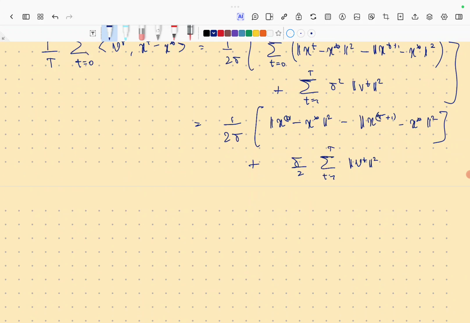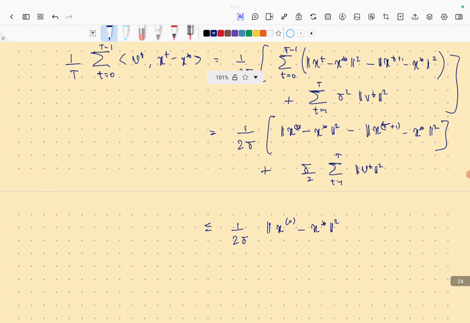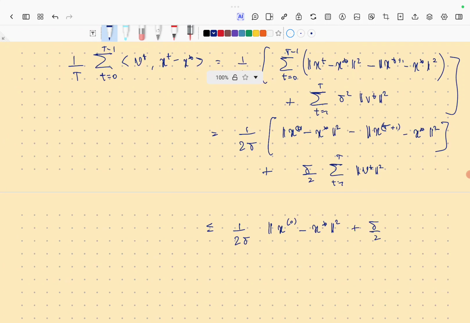Right? The second term here is something that is non-positive, including the minus sign, of course. So this is less than or equal to 1 by 2 delta norm x0 minus x star squared plus delta by 2 times the summation t equal to 1 to capital T of norm vt squared.